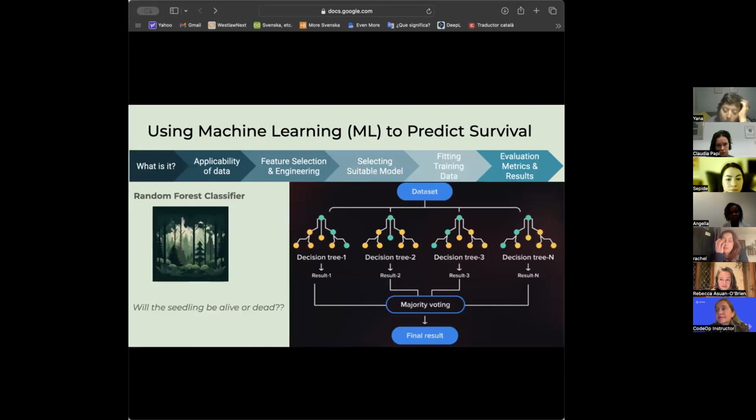We also used a random forest classifier for the machine learning portion of the project. And we asked again, is the seedling going to be alive or dead? Random forests can be used for classification and regression problems. And they basically involve a group or ensemble of decision trees. Each of the decision trees is built independently, and they are trained on a random subset of the data and also a random subset of the variables.